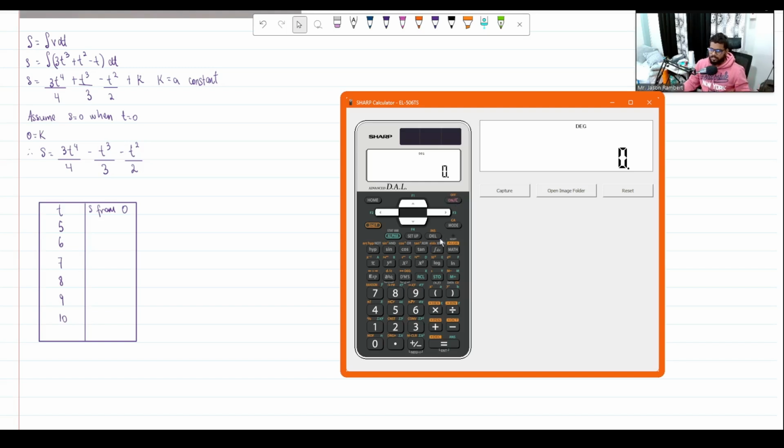At 5 seconds, I'll have 3/4 into 5 to the power 4, take away a third into 5 cubed, take away a half into 5 squared.